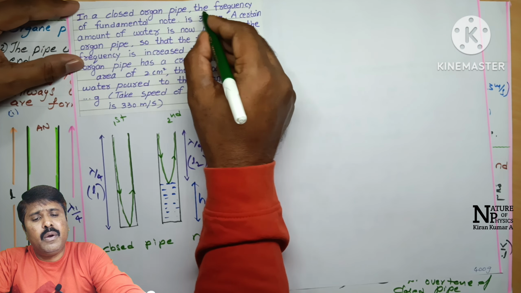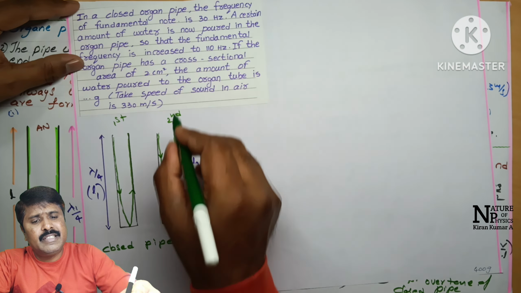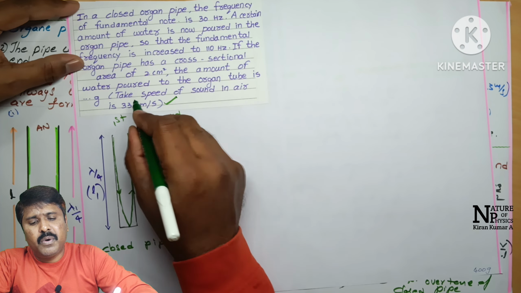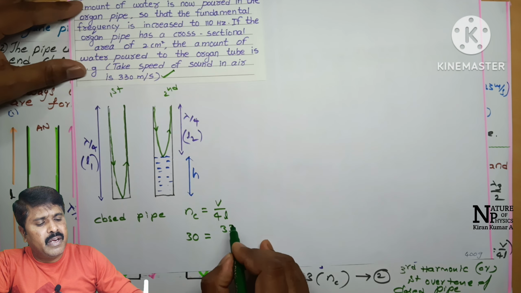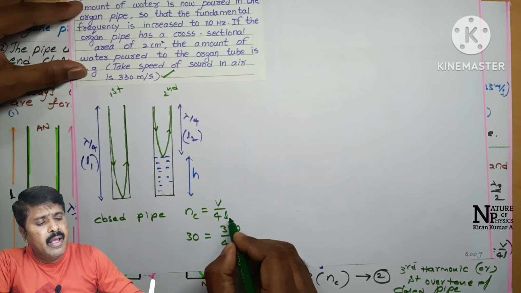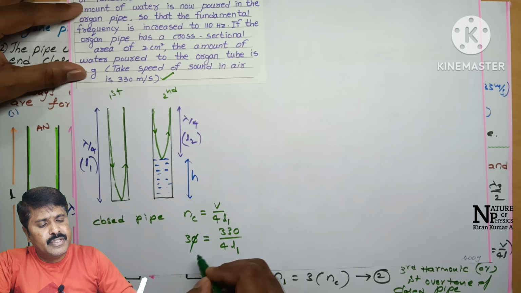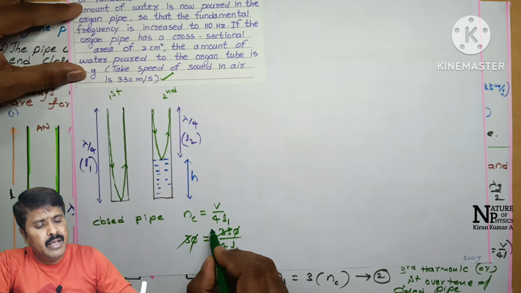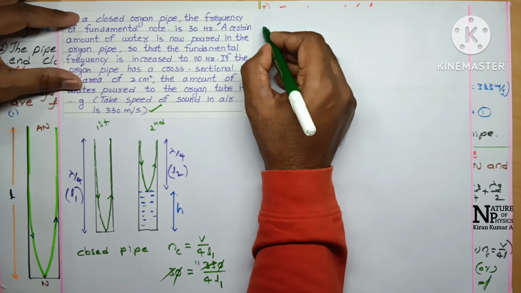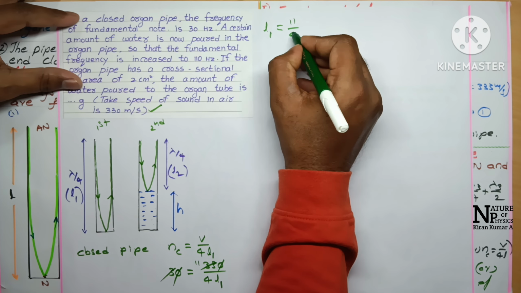In a closed organ pipe, the frequency of the fundamental note NC is equal to 30, given, and the velocity of sound is 330 meter per second, divided by 4 L1, considering the first one as L1. The zeros cancel, and 1 and 11 times, so in the continuation step I got L1 equal to 11 divided by 4.